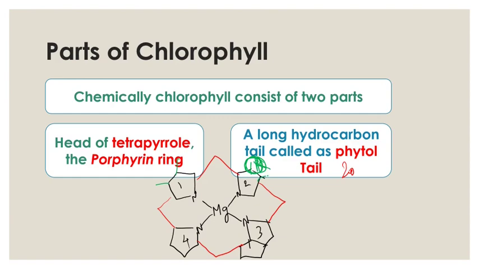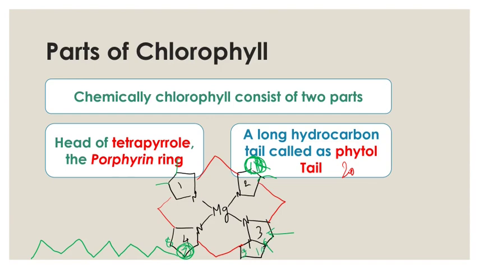This is carbon number 4, 5, 6, carbon number 7 is here, carbon number 8 is here. To carbon number 7, again listen carefully, the phytol tail is attached, which is made up of 20 carbons. And this cyclopentanone ring here consists of carbon number 9 and carbon number 10.